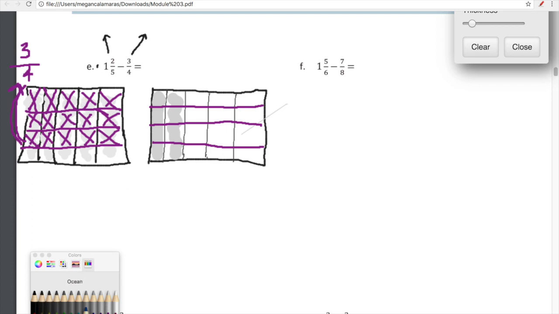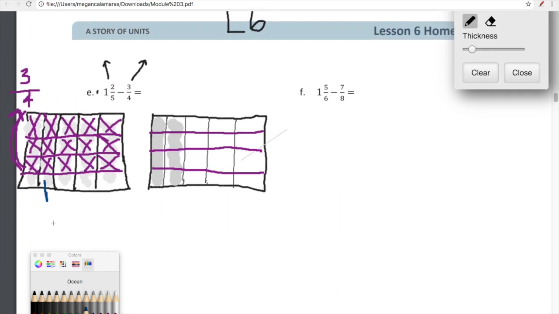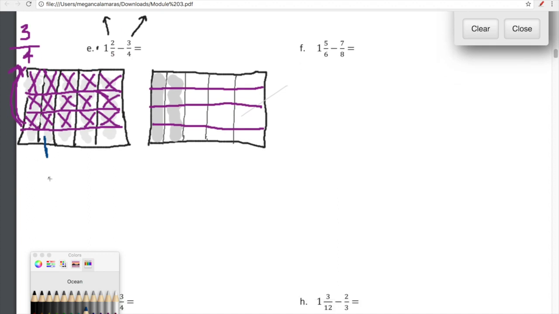Now I'll use this blue to write our expressions. So 1 2/5 is equal to what? Well, let's see, this rectangle is 5 wide and 4 high.